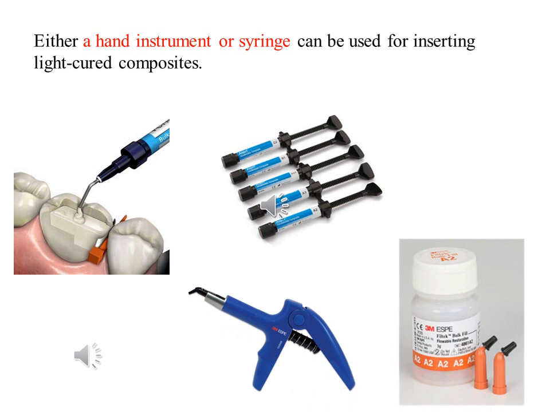Either a hand instrument or syringe can be used for inserting light cure composites inside the cavity. ممكن نستعمل special type which is called the plastic filling instrument for the composite restoration, or we can use the special type syringe to handle the material into the cavity prepared.